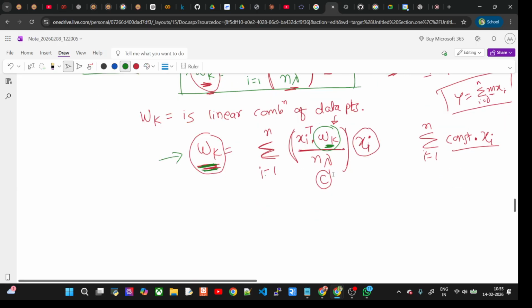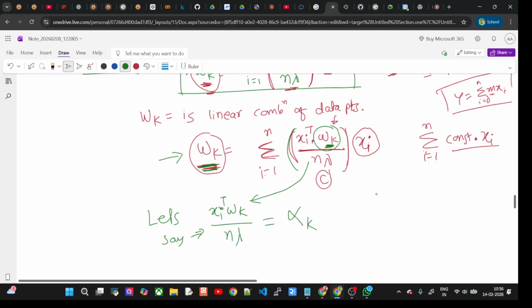So now we have to find out something. Before that, to this equation, whatever these xi, I'm just taking this xi outside: xi transpose wk divided by n lambda, which we consider as alpha k. So this equation, xi transpose wk divided by n lambda, is equal to alpha k.